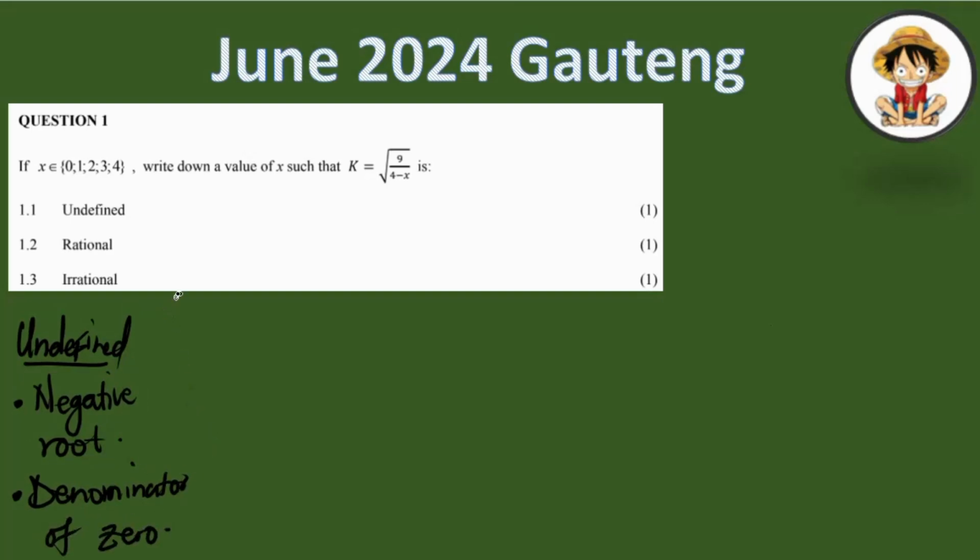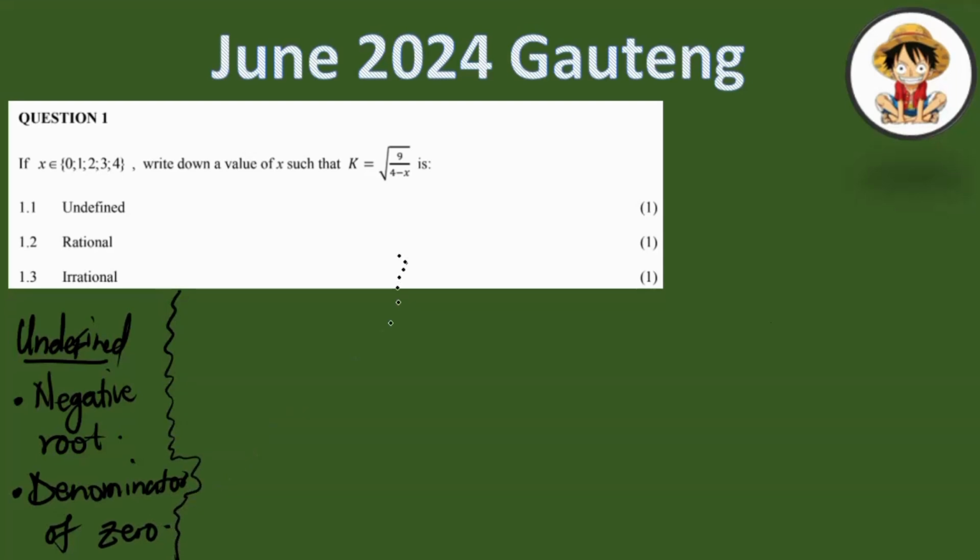So this will give me an undefined situation. At any point where I land with a denominator of 0, that is undefined. Or if this whole sum under a square root is negative, then that's undefined.